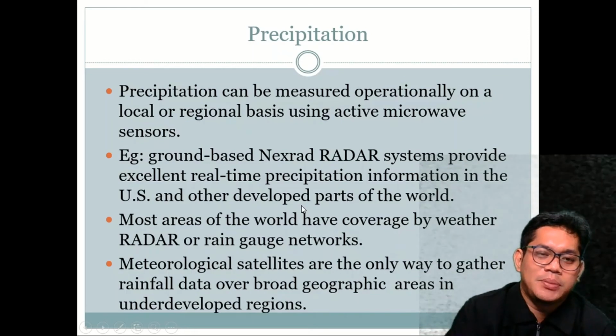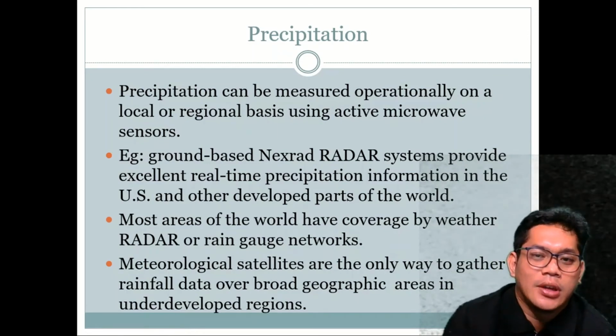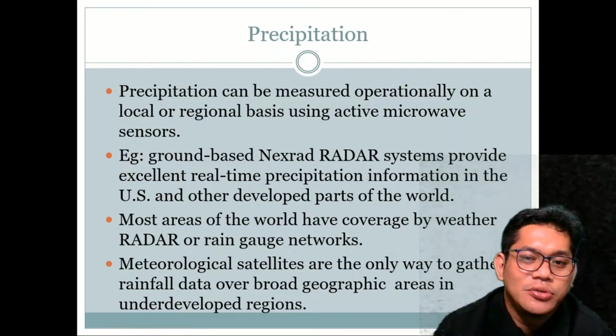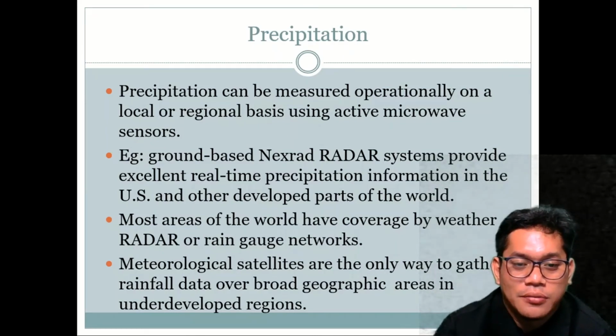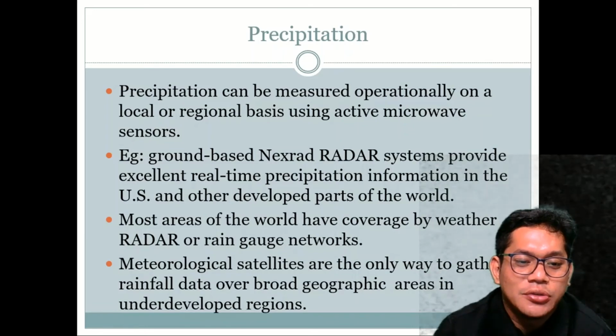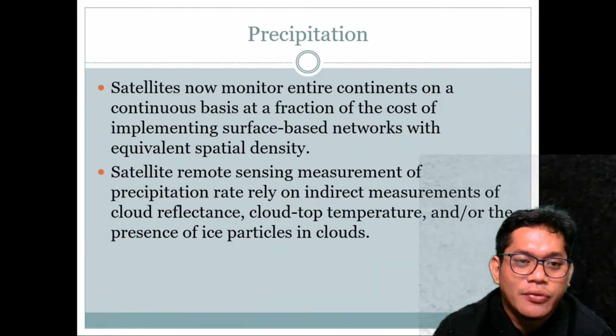And of course, precipitation can be measured on a local or regional basis using active microwave sensors such as radar and more. Most areas of the world are covered by weather radar or rain gauge networks, and meteorological satellites can also be used to monitor the precipitation of the areas.